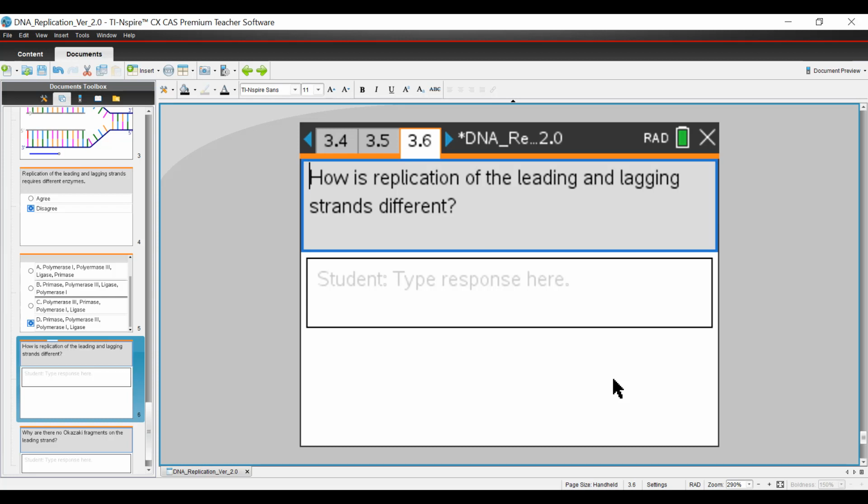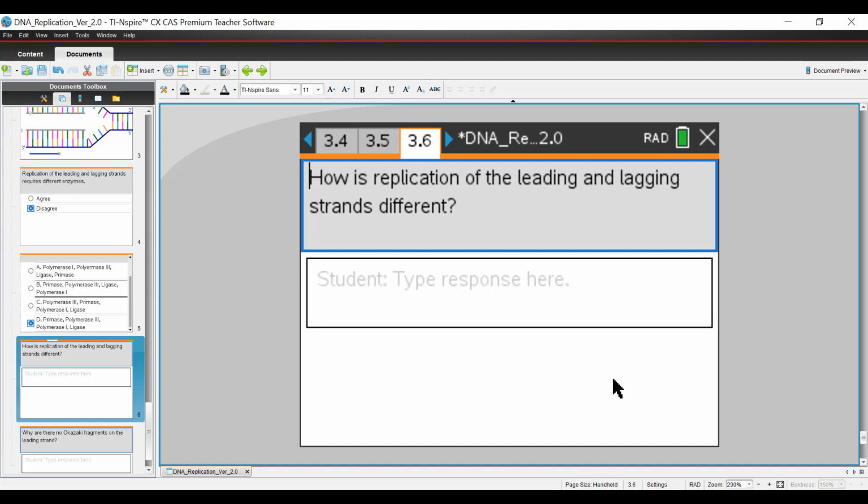So the big difference is leading strand moves in the direction of the replication fork, therefore it can be a long continuation, elongation of DNA. Lagging strand, not the case. It's moving away from the replication fork and therefore must use Okazaki fragments, which are short additions, elongations of the DNA. That requires some of the enzymes used in both to be used more often on the lagging strand.